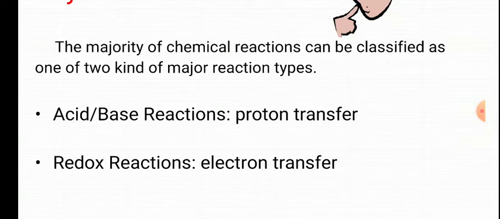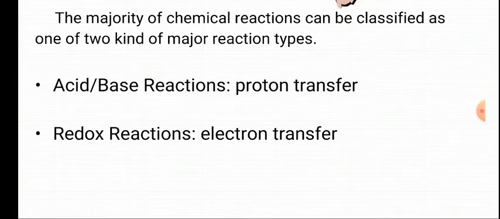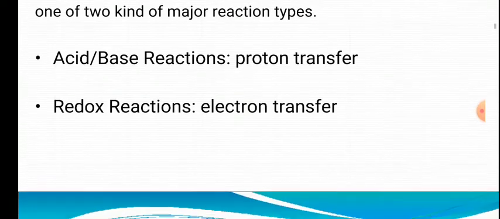So in acid base reaction, transfer of the proton plays an important role. Now in case of the redox reaction, protons are not involved but direct electrons are involved. So in redox reaction, electron plays an important role.